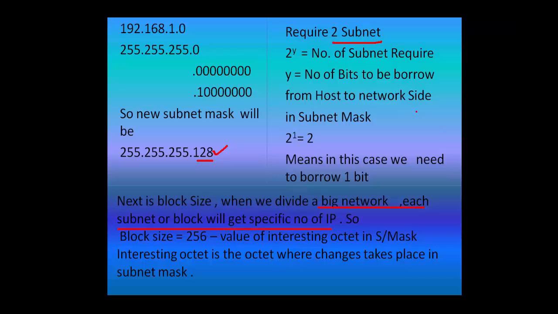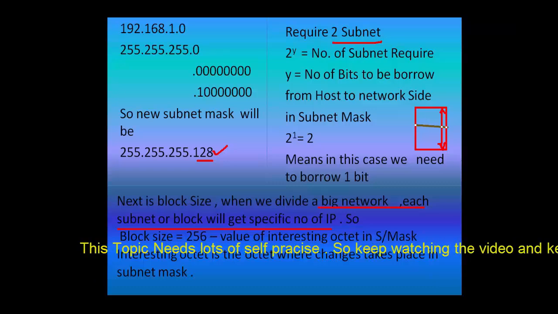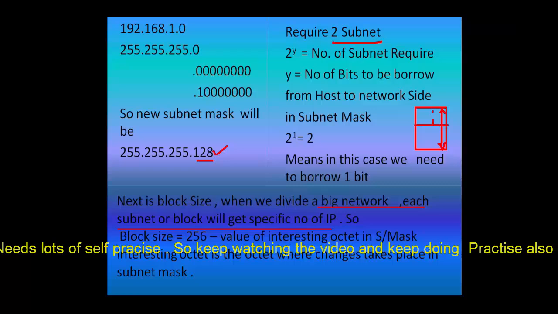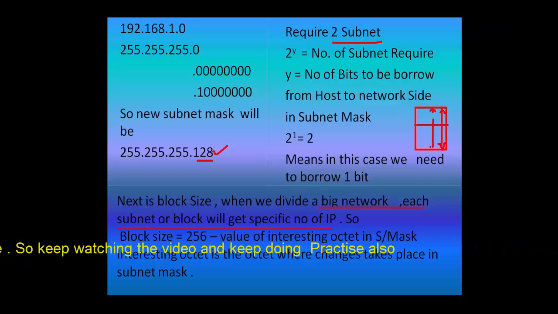For example, we have a big room with some length and more space. But if we divide this room into two parts with the help of a wall, then this area has some specific size, and this area will also have some specific size.